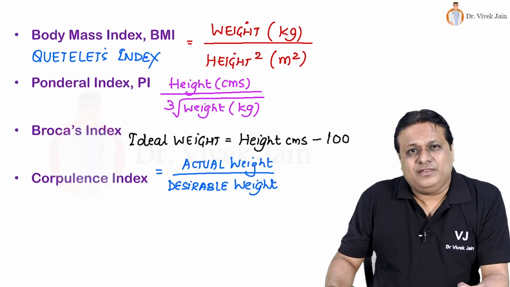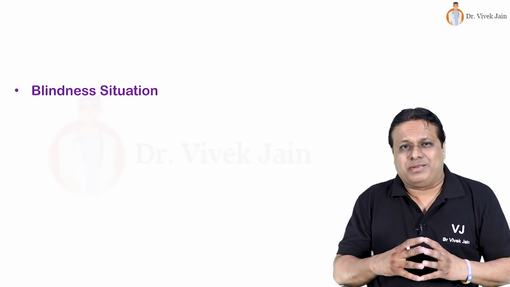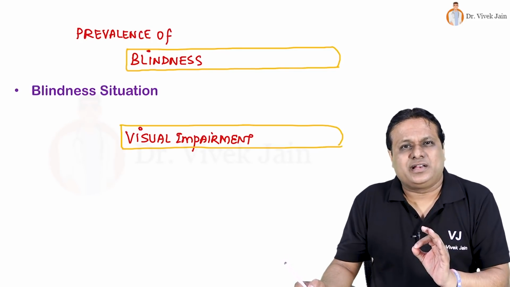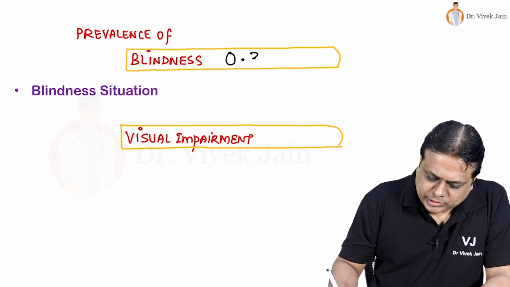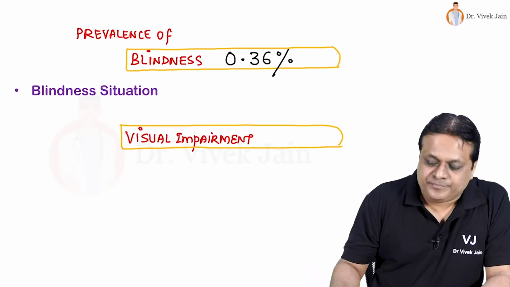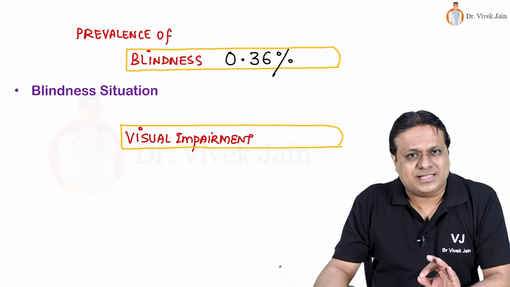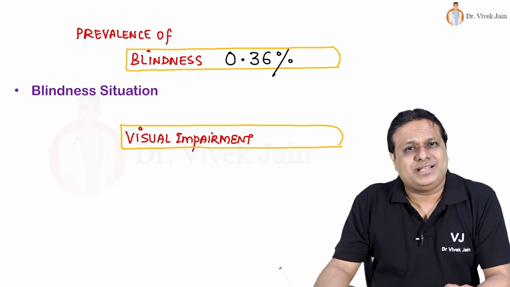After obesity, we look at another non-communicable disease, that is blindness. Current existing blindness situation in our country: latest survey tells us that in our country, prevalence of blindness is 0.36%. Blindness definition of the Indian program NPCBVI, National Program for Control of Blindness and Visual Impairment, is same as WHO cutoff now, less than 3/60.